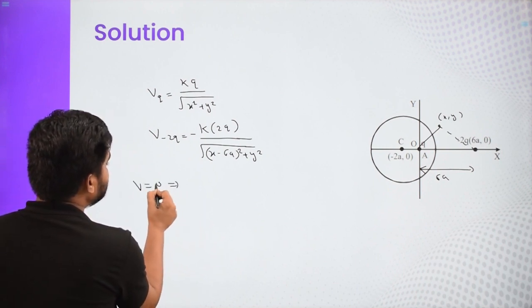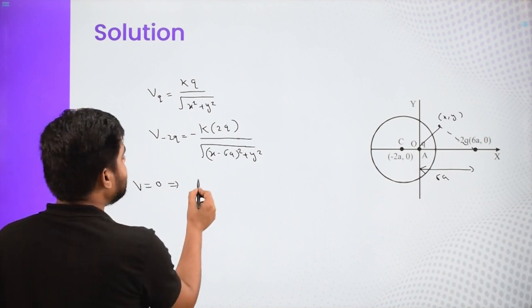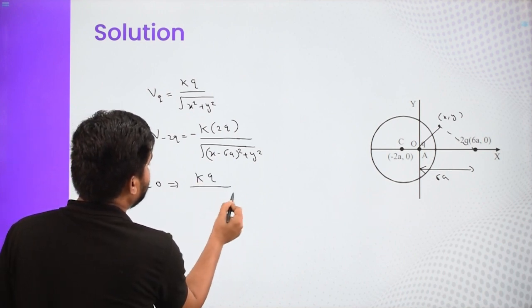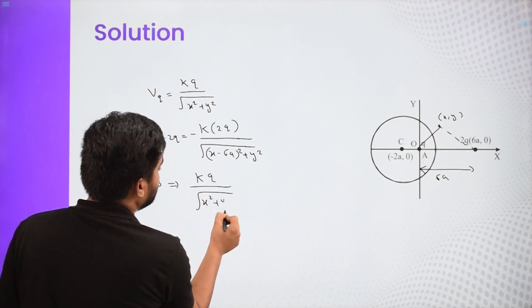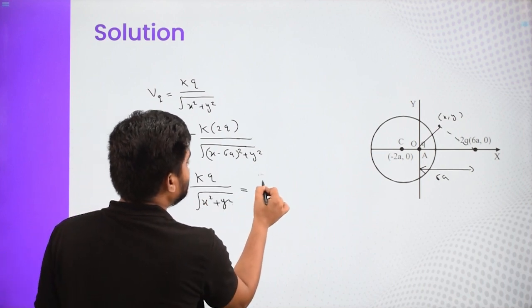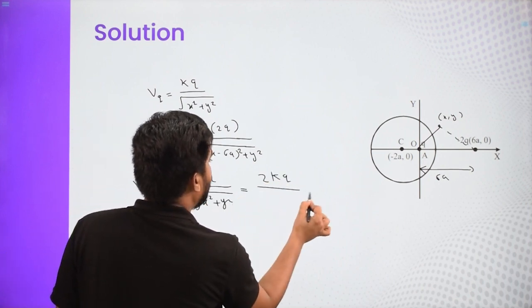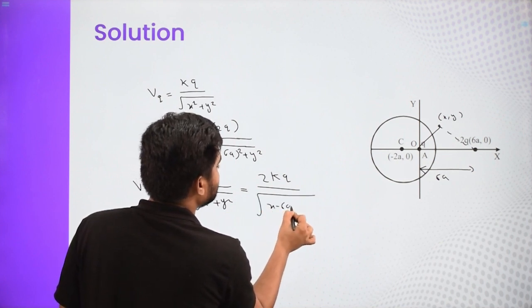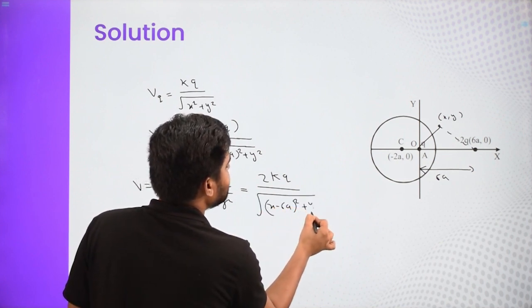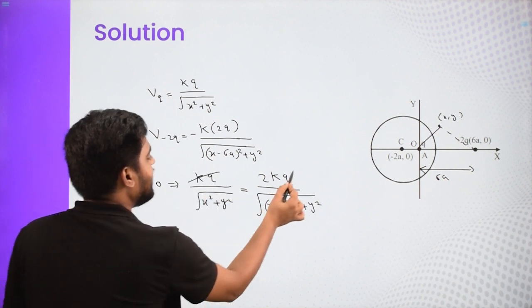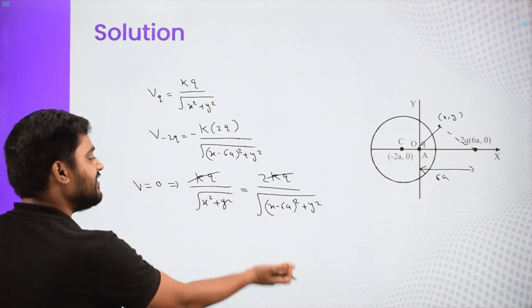So for the total potential to be 0, kq by root over x square plus y square is equal to 2kq by root over (x minus 6a) square plus y square. This kq and kq get cancelled. Let us square and then cross multiply.